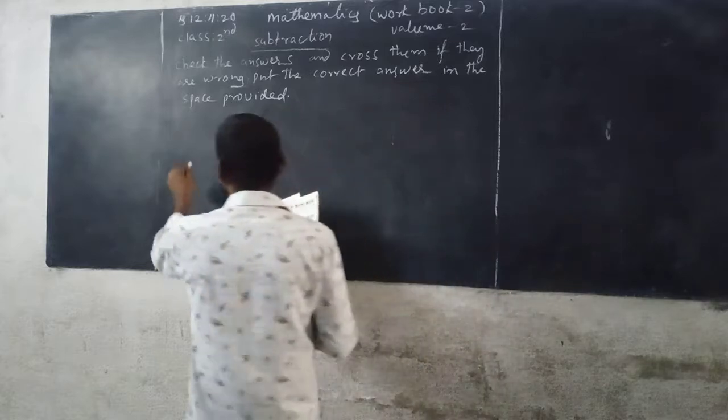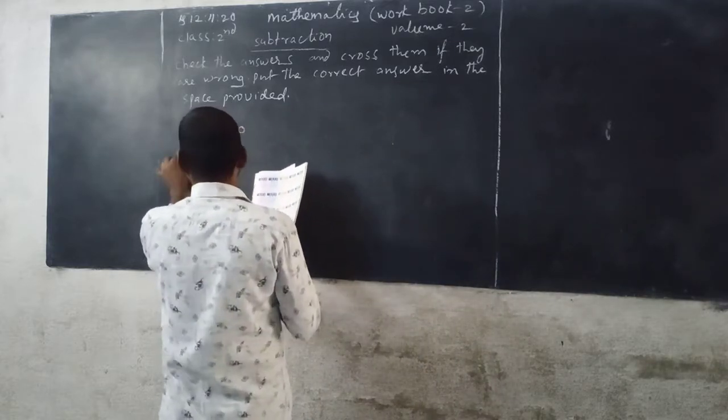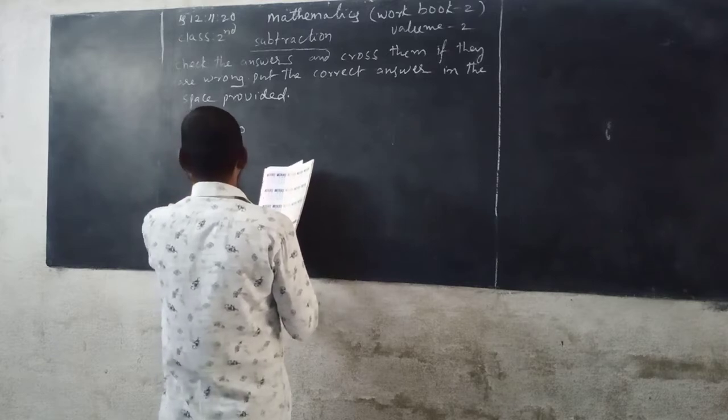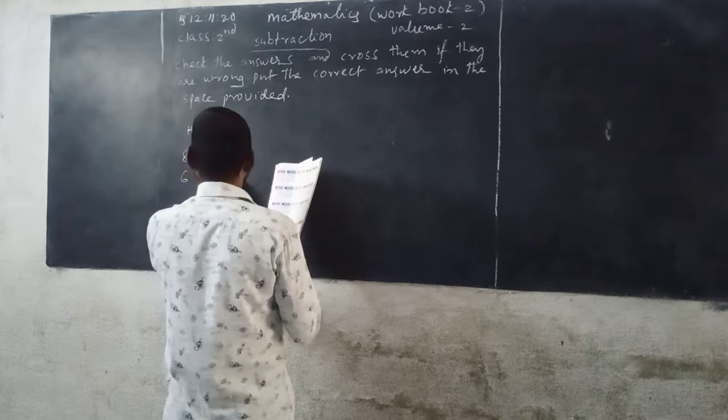See here, the first one. This is hundreds place, tens place, ones place: 899 minus 672.